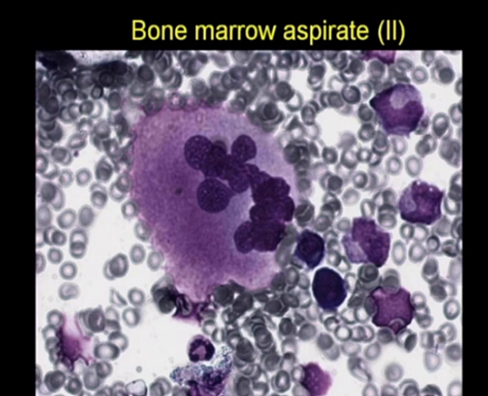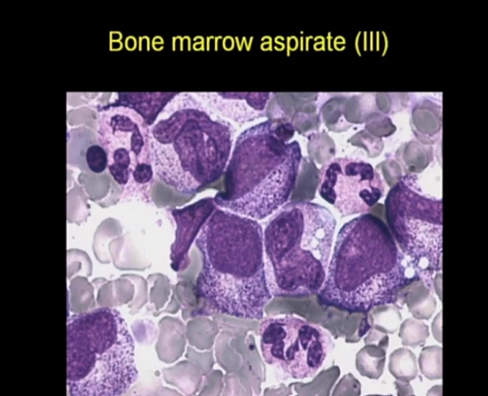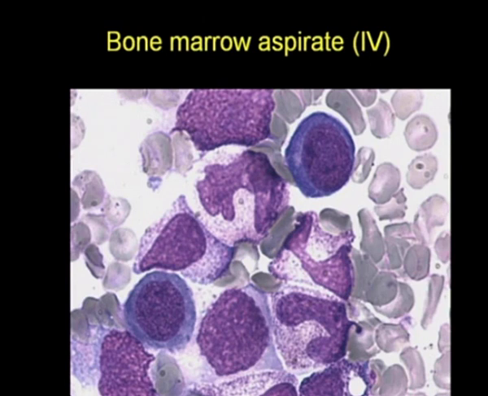And here we see abnormalities in the segmentation of the mature neutrophils. And here you see a giant band form. And we have an increase in the size of the cells at the middle stage of maturation. This is a morphological hallmark of megaloblastic change.